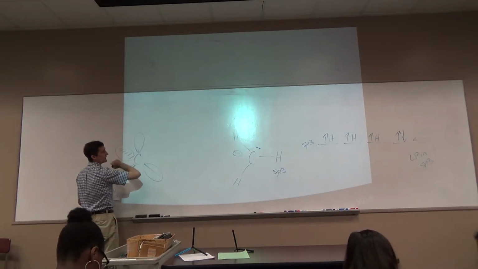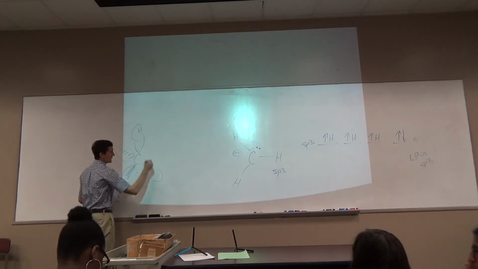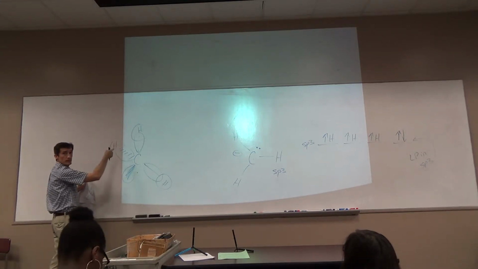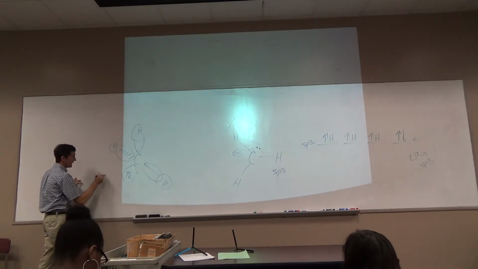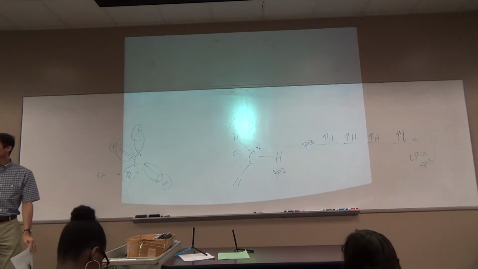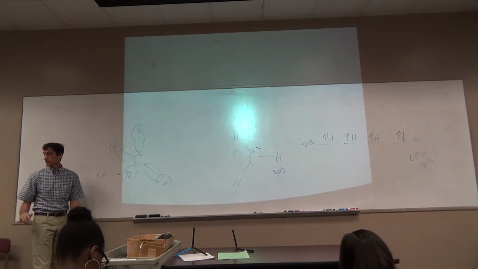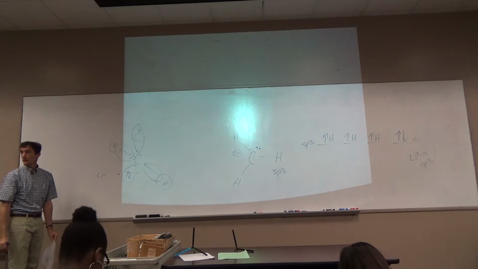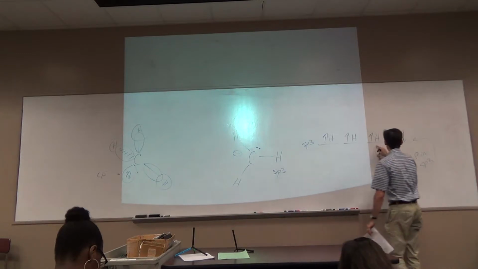Okay? And then, same old thing, right? H, I'm not going to complete it out here. 2 electrons, 1 from H, 1 from carbon. Okay, what's in this one? It's just a lone pair with its own region that contributes to why it's tetrahedral. Okay? It's a lone pair. So that's a region. And it's in this orbital, but it's not interacting with any other nucleus to make a bond. These 4 are all spread out here. Bond to H, bond to H, bond to H, and then lone pair.